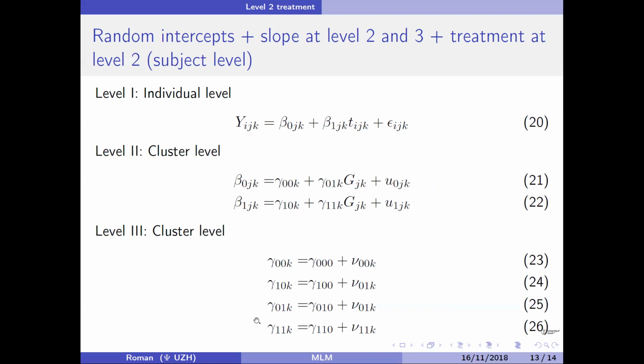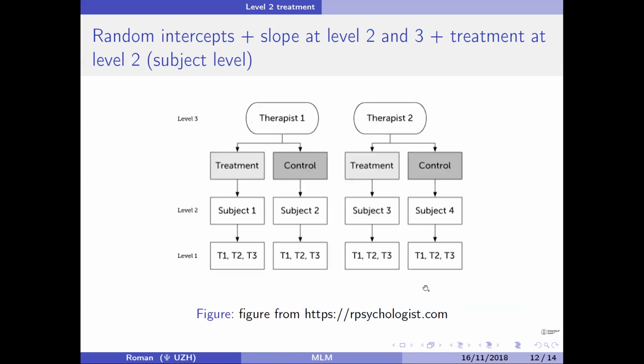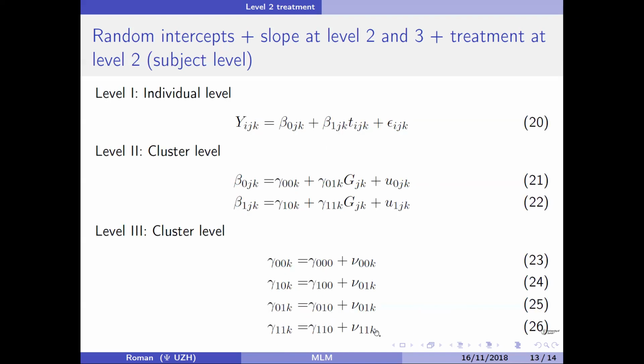And now at level 3, we need to account for the variations of the interaction here with the treatment effect of qualities regarding the therapists, right? So we now know therapist 1 might be better at administering the treatment than therapist 2, which is why we're accounting for the variance in the relationship between the treatment and the outcome in time of each of the therapists.